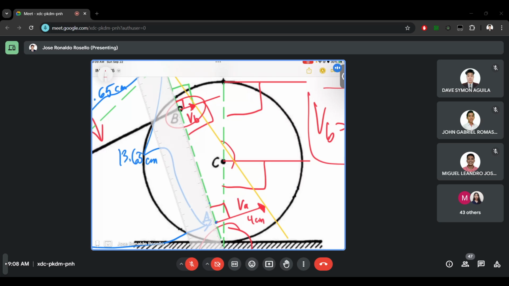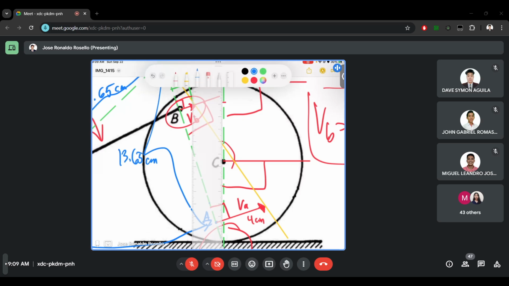It is 11.2. And just copy here. 11.2. So this will now be point B.